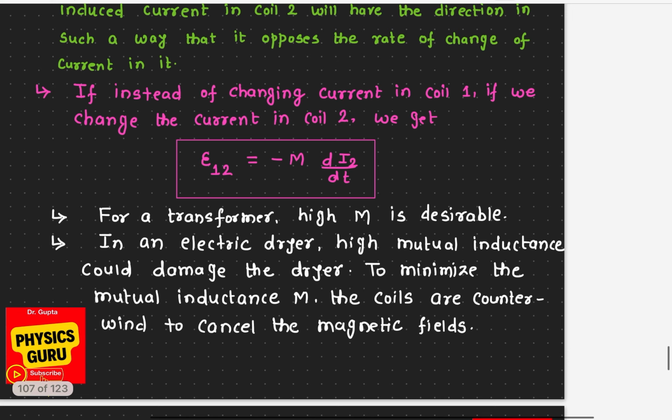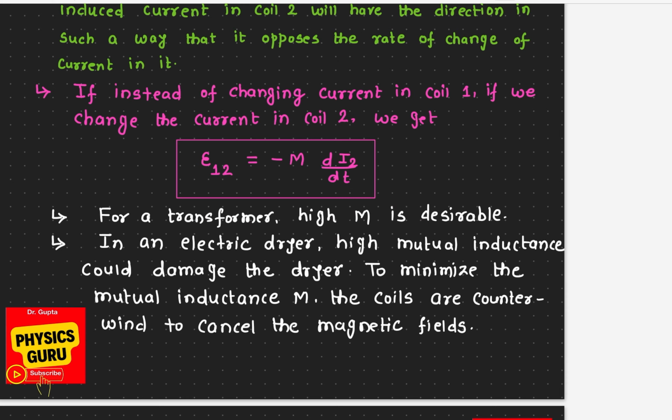Depending upon the appliances and the situation, in some cases we need a higher mutual inductance, where the coupling efficiency of the magnetic flux is more desirable. For example, in a transformer, we need a high value of mutual inductance.